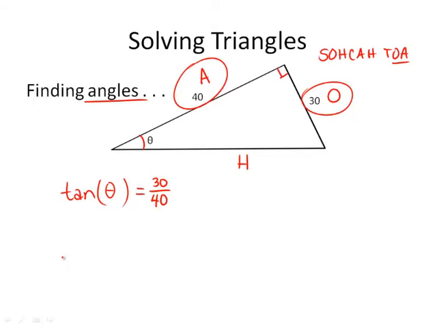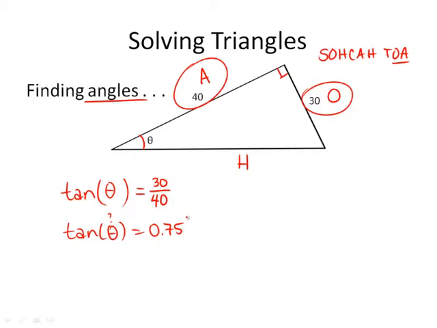Our calculator does, though. Our calculator has the ability to tell us what angle under the tangent ratio will give us 30 over 40. Now 30 over 40 in the calculator is stored as 0.75.